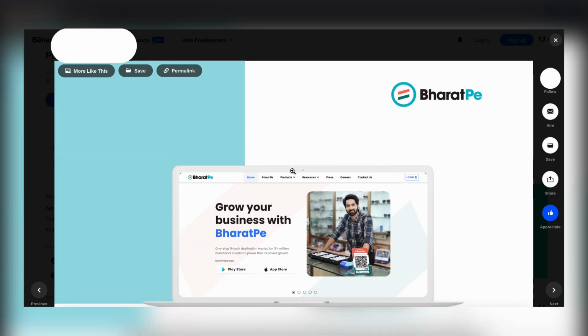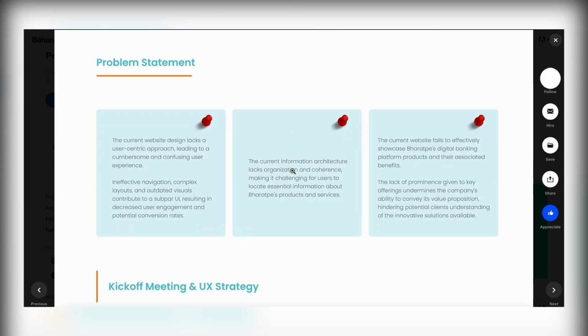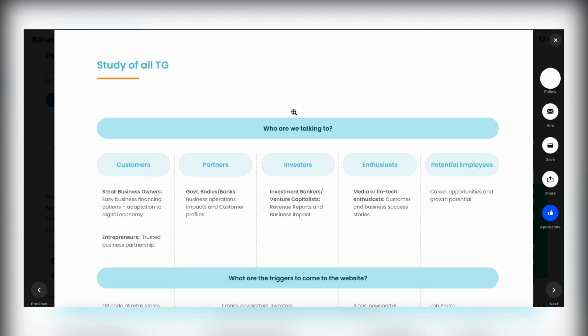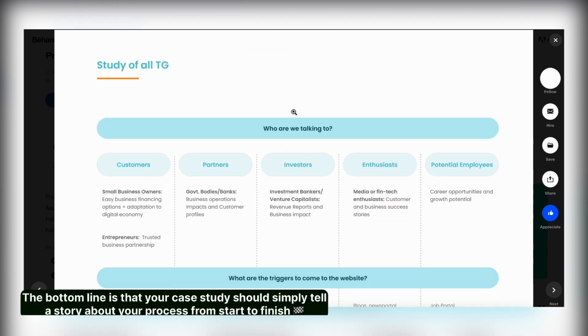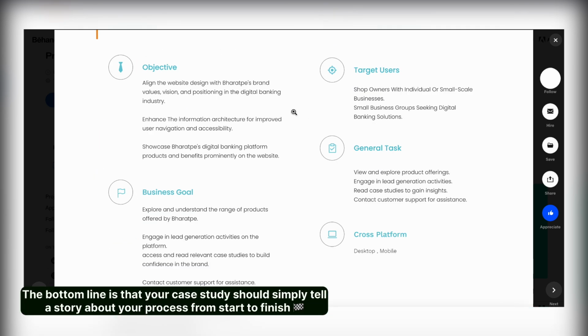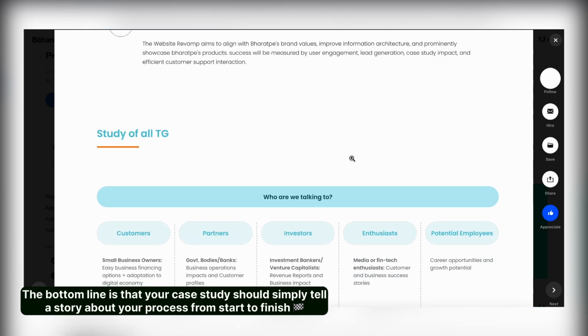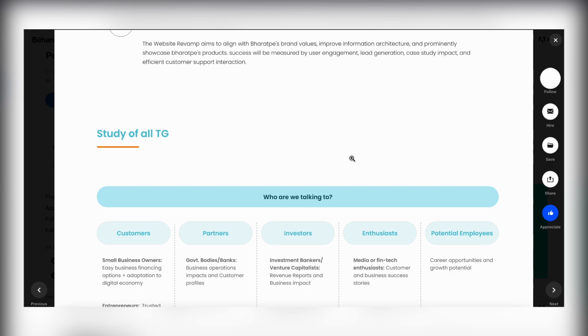If I scroll back to the top, I want to know, what is the problem you solved for? You redesigned BharatPay's website. Okay, what was the problem with the website today? Show me some screenshots. Then explain what research you did, that you interviewed some users who visited the old website, and they found these problems, and then you decided to add these new sections.